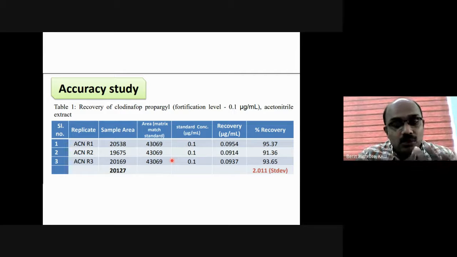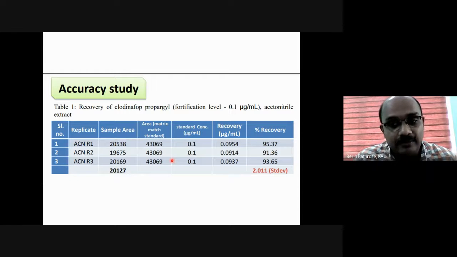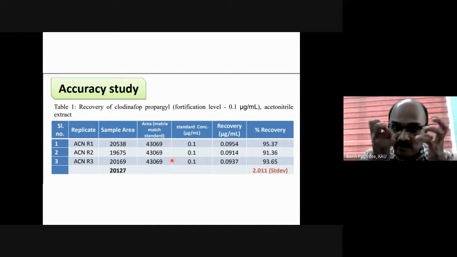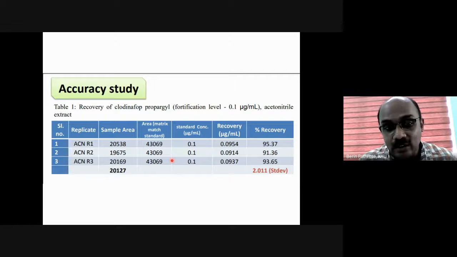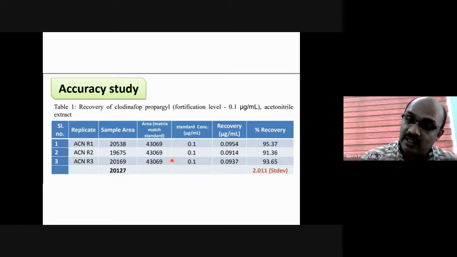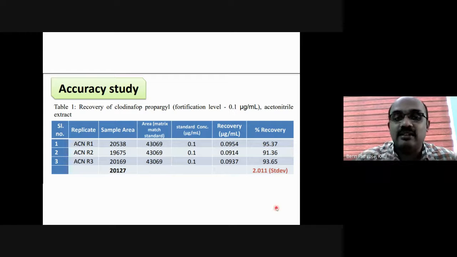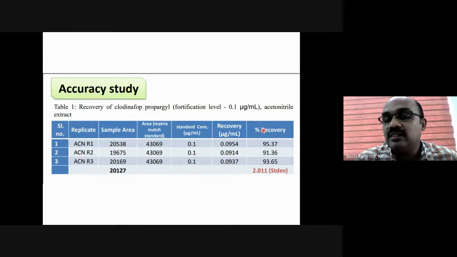Ideally, if your lab is testing say 20 or 30 commodities, for all 30 commodities we will prepare an extract and add a known quantity of standard into it. Then we will go for accuracy studies. Here we will study the recovery, and again check for any interference. So this is matrix match standard. This is what is given over here. This is the concentration which is added, and see the recovery.